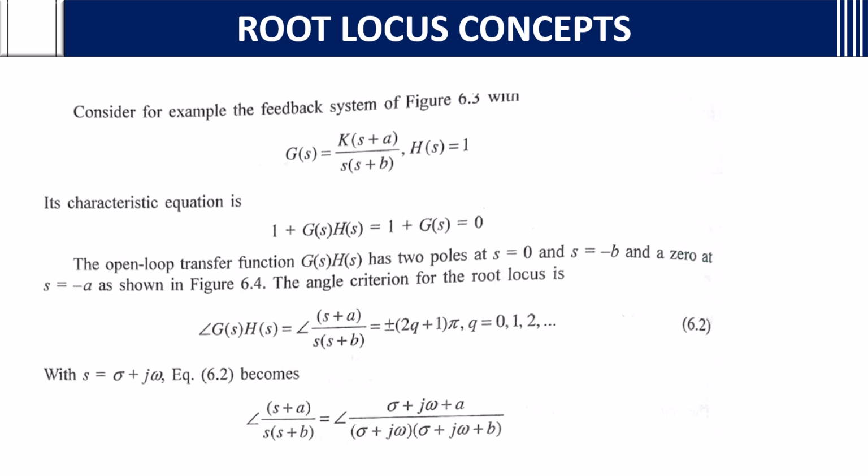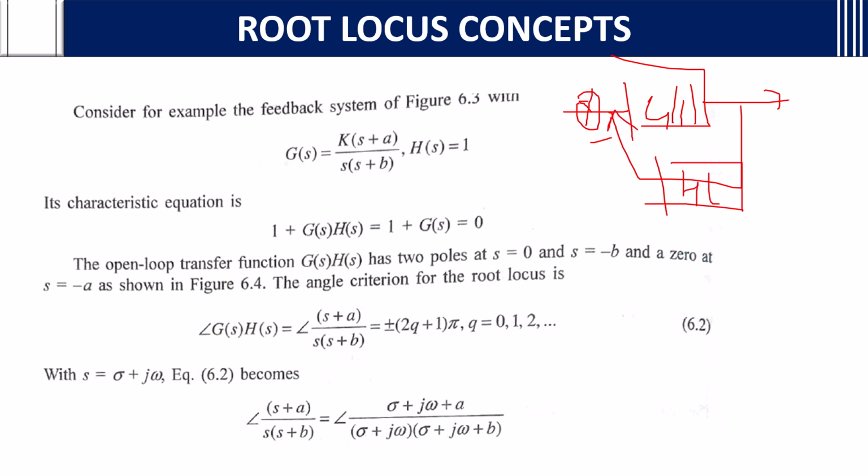Consider, for example, the feedback system of figure 6.3, whatever we have seen. There is a G(s), an input and output, one summing point, and H(s).